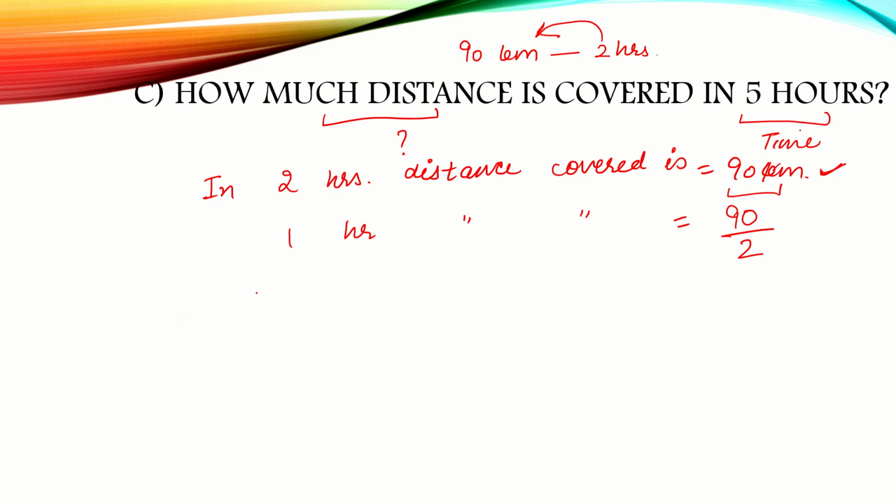Now how much time is given to you? You have to find distance covered in 5 hours. More than 1 means multiply, means more answer. 90 by 2 multiplied by 5. 2 45s is 90, 45 5s are 225 kilometer. I am supposing that the car is moving at the same speed.